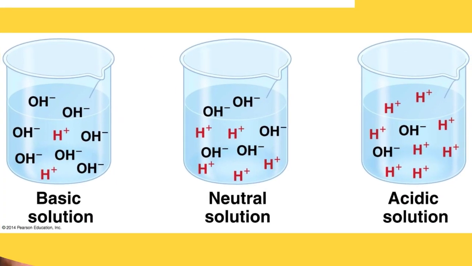So the balance between these two ions, and here we see an example where they're only using H plus, is what is measured on the pH scale. In a neutral solution of just pure water, the hydrogen and hydroxide ions will be equal. If there are more hydroxide ions, more OH negative ions, then that solution is basic.